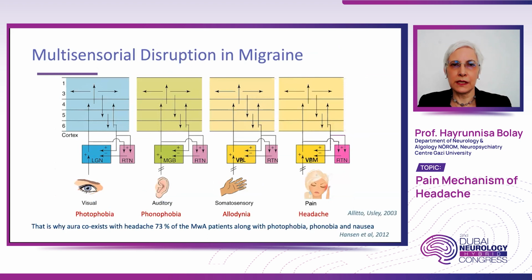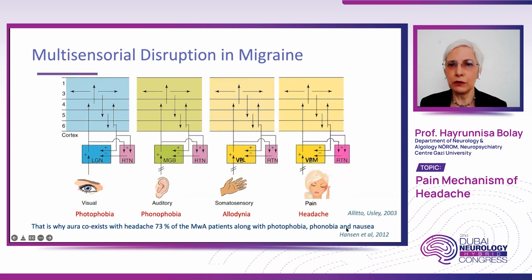And we know there is a multisensory disruption in migraine, including visual, auditory, and tactile stimuli, as well as the headache. They occur at the same time. And in one of the clinical studies, it was shown that during the aura, there is a coexisting headache and photophobia, phonophobia, and nausea.